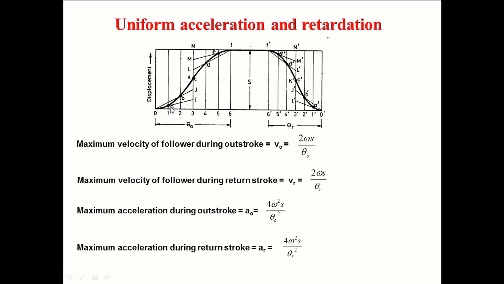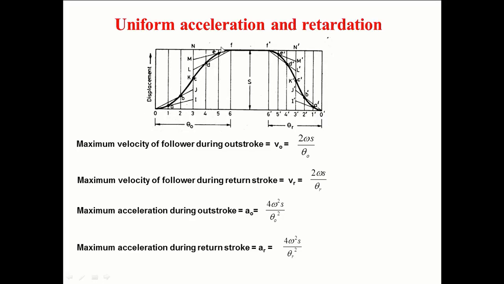This is the typical displacement diagram when the follower is moving with uniform acceleration and retardation. We will see how to construct this displacement curve in this particular case while solving the numericals. Also, these are the equations in order to calculate the maximum velocity of the follower during rise and return.